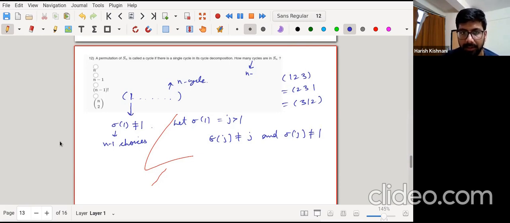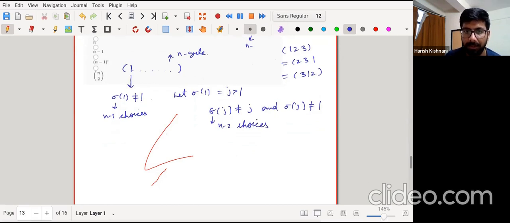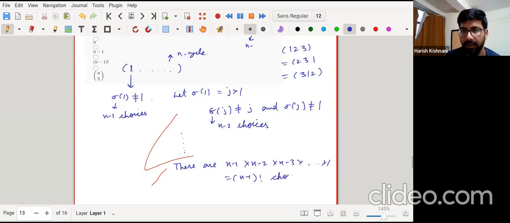So it has n minus 2 choices, right? Going like this in a similar pattern, you will find that there are n minus 1 times n minus 2 times n minus 3, and so on to 1, that is n minus 1 factorial number of choices. I hope the idea is clear to everyone.